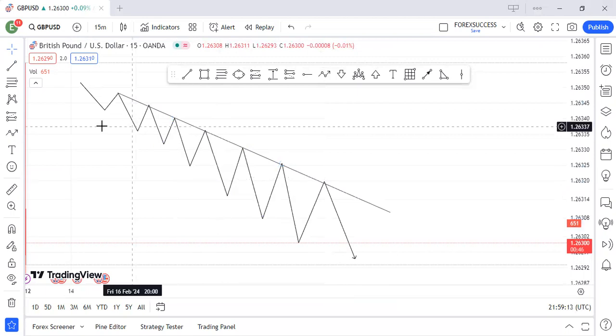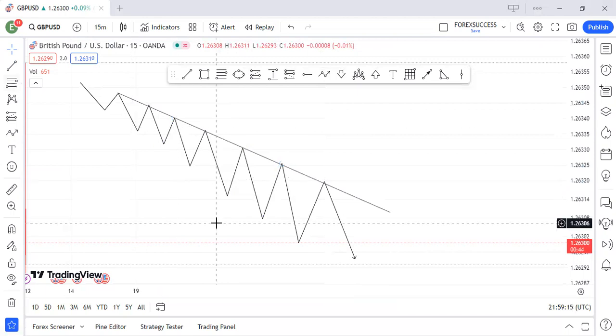Okay, so when price gives you something like this, you're going to be happy. You are having a clear downtrend, and you begin to catch up to 30 pips.